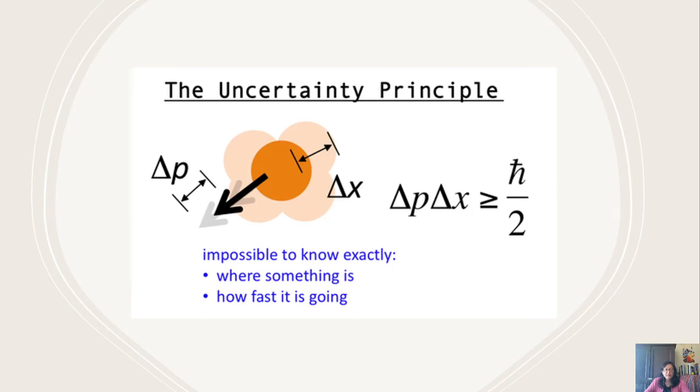According to this principle, we will understand that if delta x is the uncertainty in measurement of position of a microscopic moving particle like electron, and delta p is the uncertainty in measurement of the momentum, and delta v is the uncertainty in measurement of the velocity, then it is impossible to know exactly where that particle is right now, as well as how fast it is going simultaneously.